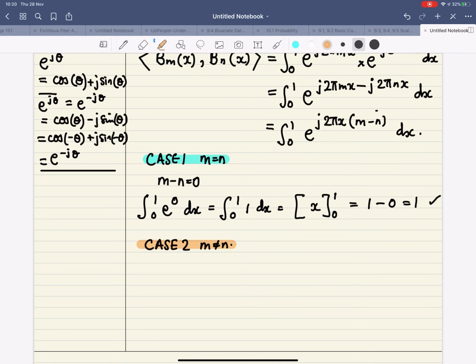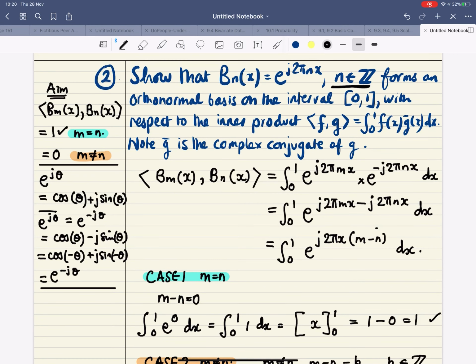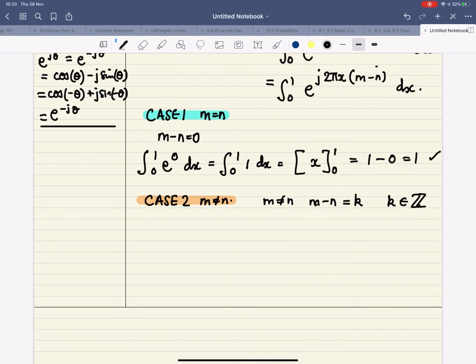So if m is not equal to n, then m minus n is going to be equal to another integer, because m and n, I've underlined it up here, are integers. If you take one integer away from another integer, you'll get a third integer.